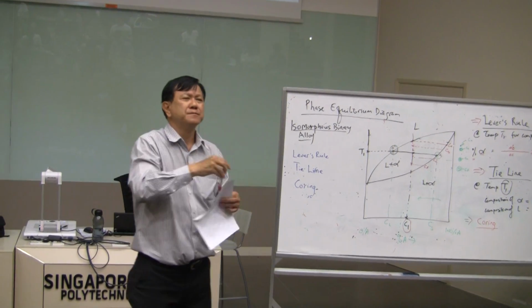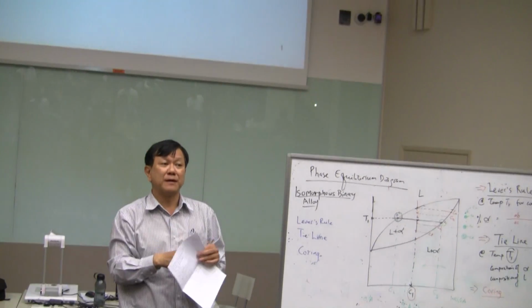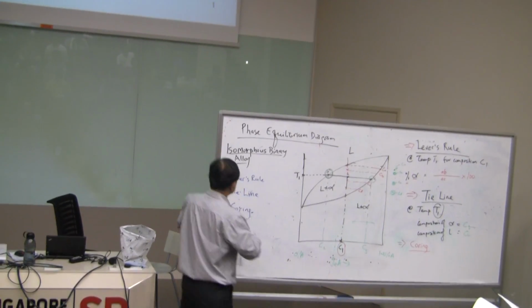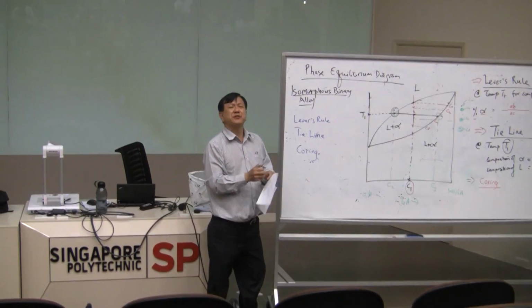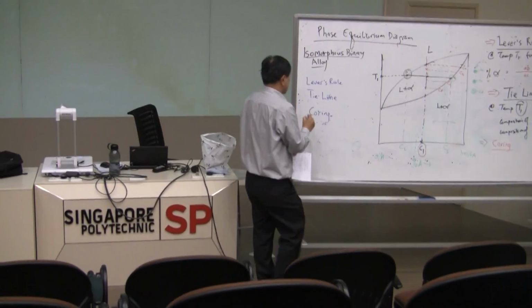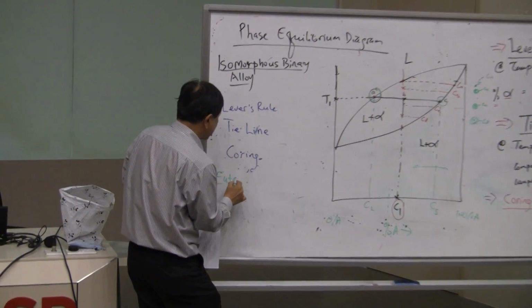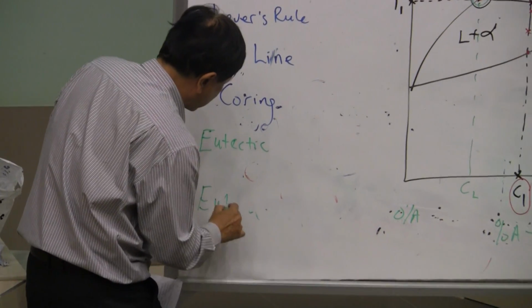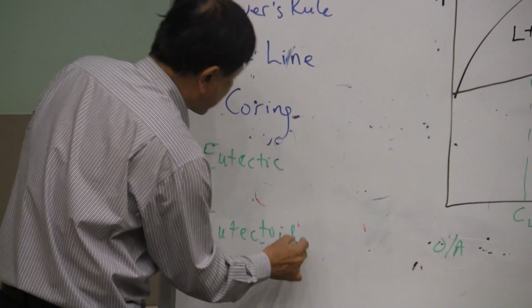Now, I told you the phase diagram. Can you take note of this? This is important. It may come up for MCQ. I want you to know the eutectic and the eutectic point.